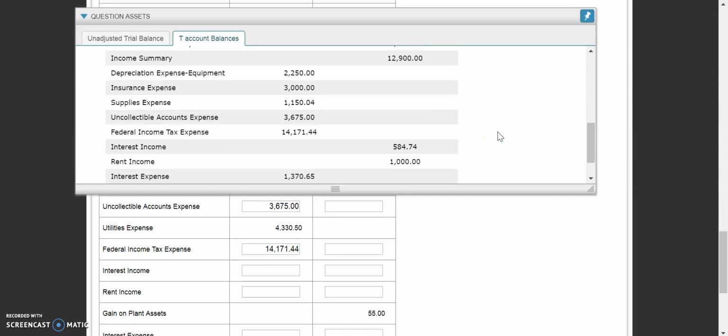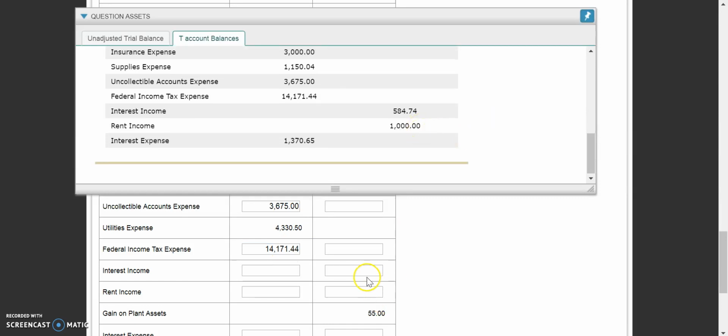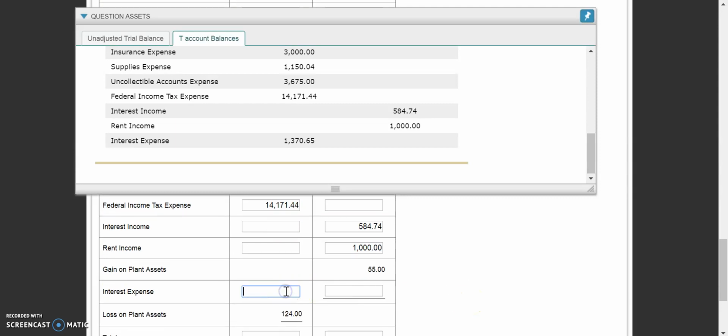Our interest income is another source of revenue, so we plug that in over on the credit side. And rent income is the same. And then interest expense is another expense, so we list that at the very bottom.